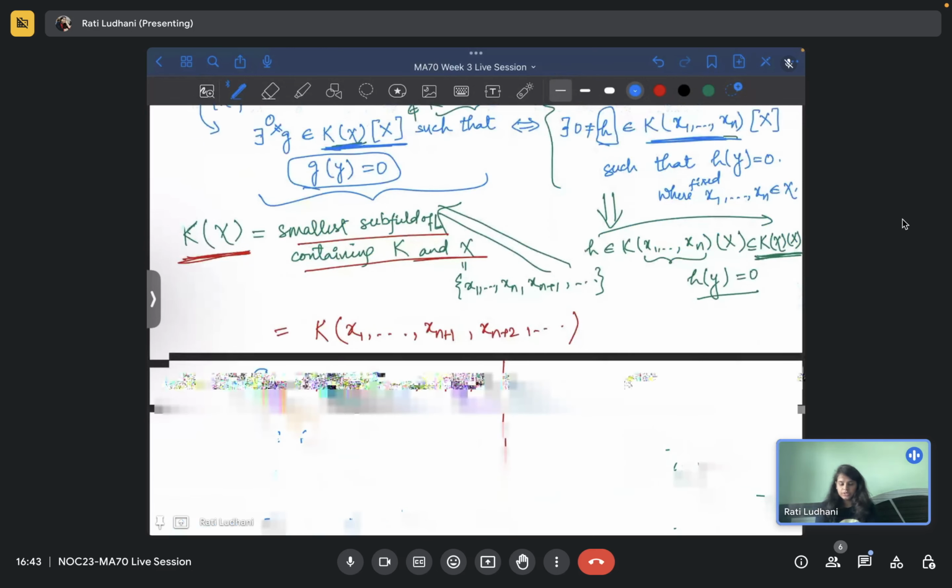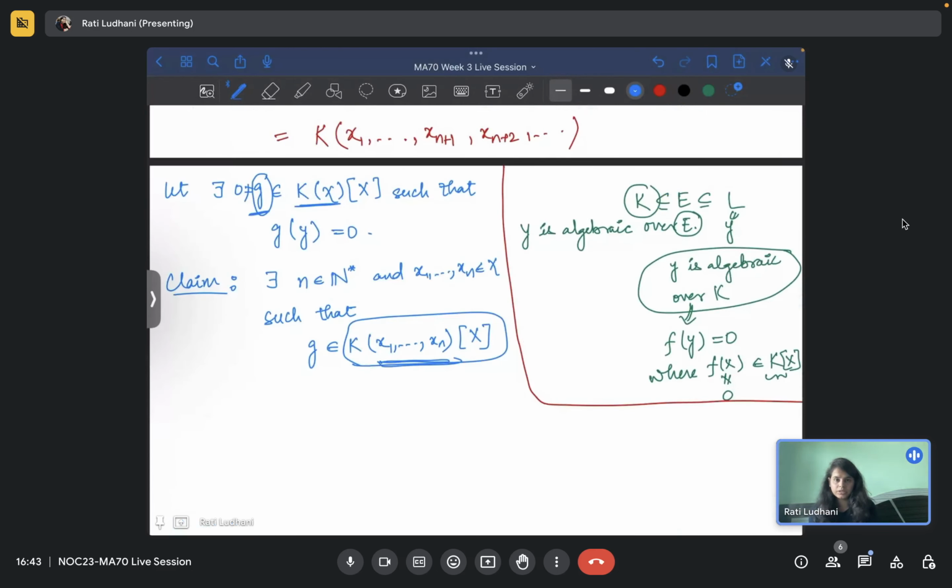So can anyone tell me what I can pick as x1 to xn so that G belongs to k(x1 to xn)[x]? G is a polynomial with coefficients in this.